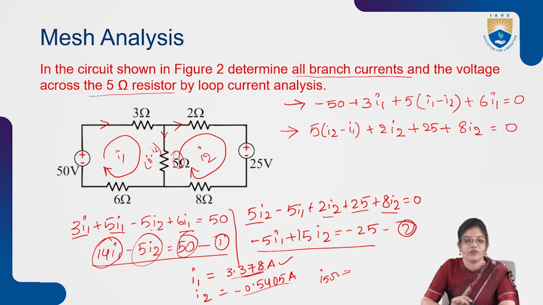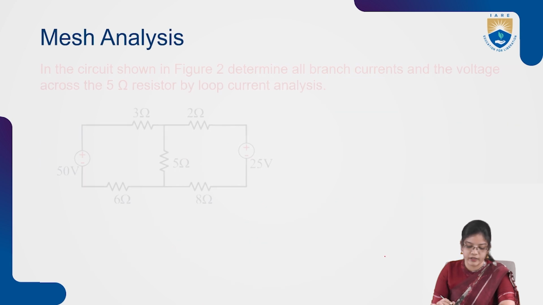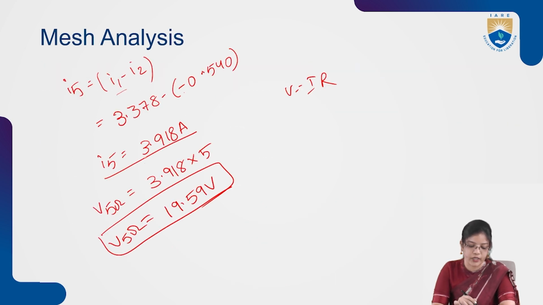Already we have the I2 value as negative, so minus into minus will become positive. So we have to calculate 3.378 plus 0.540, and we'll get the value of I at 5 ohms as 3.918 amperes. From that we have to calculate the voltage across the 5 ohms resistor. The general formula for calculating the voltage is V equals IR from Ohm's law.